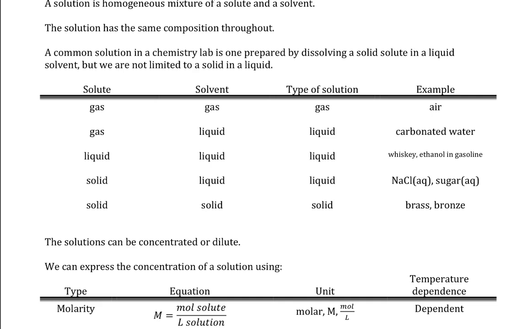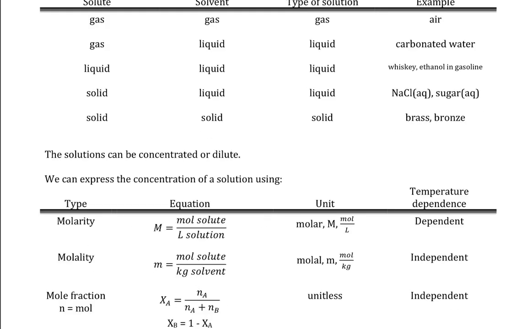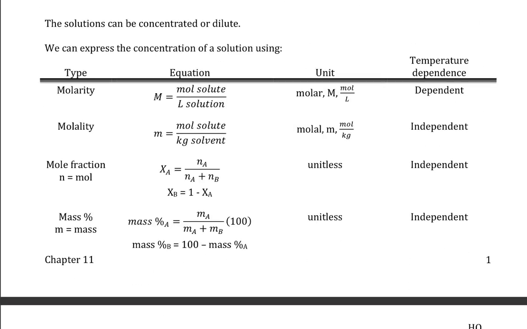Solutions can be concentrated or dilute, and we can express the concentration of a solution using, in this chapter, these different types of quantities. There is molarity. We have seen that and used that quite a bit already. The equation for molarity is moles of solute per liter of solution.